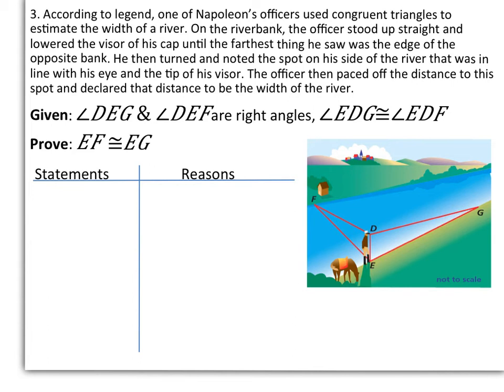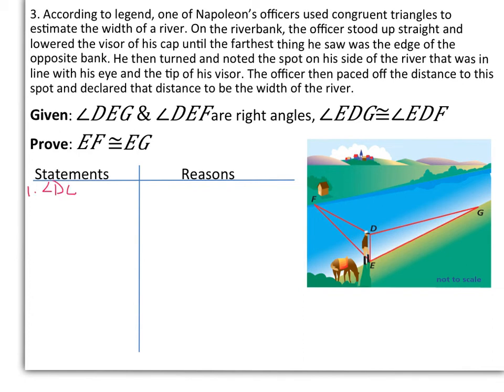So we are given that angle DEG and angle DEF are right angles, and that angle EDG is congruent to angle EDF. We want to prove that side EF is congruent to side EG. So let's first write down our givens in our proof.